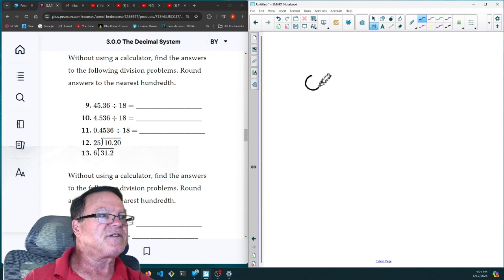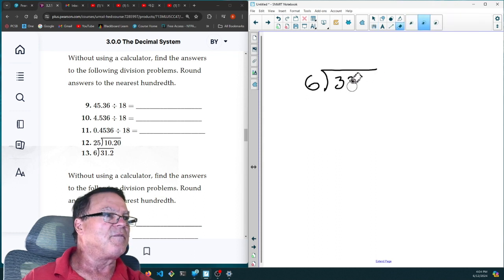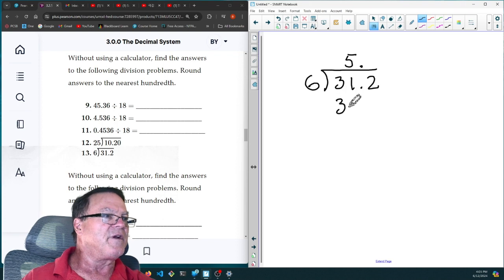Number 13 is 6 divided into 31.2. Oops, I'm sorry. I'm talking while I'm walking here. 31.2. I'm going to put the decimal point above it. 6 times 5 is 30, so I'm going to put the 5 here. Bring down the 30, and then 1 minus 0 is 1.